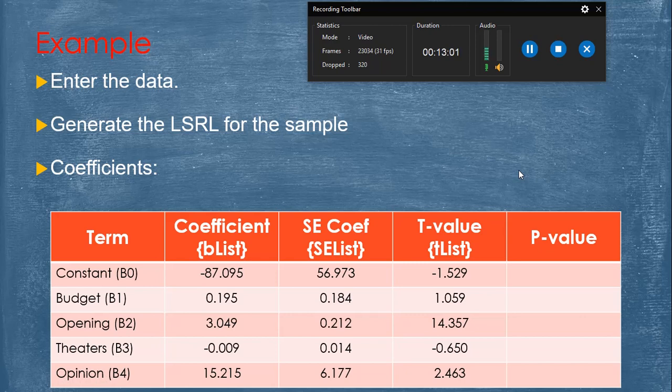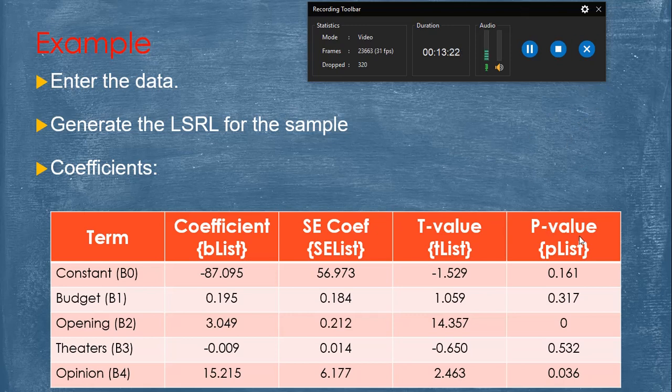So again, in order, we're going to list those. And then we're finally moving on to the P list. Same thing, you want to select the cell and the value of the P result is listed in order from beta 0 through beta 4.